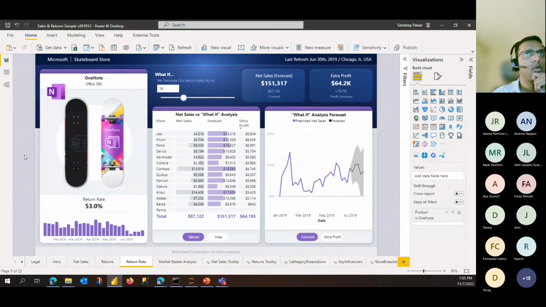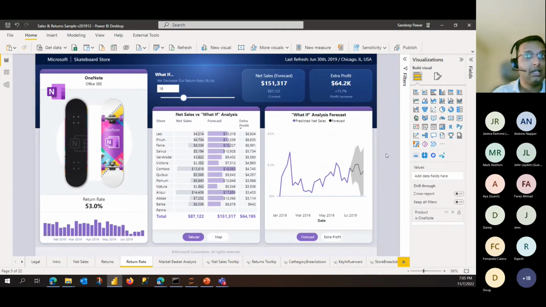I know that's a lot to chew on and understand, but hopefully what you got out of this session is how you can use data science in Power BI. There is a lot to learn. Where I would begin is to first start using the tools that are available in Power BI.